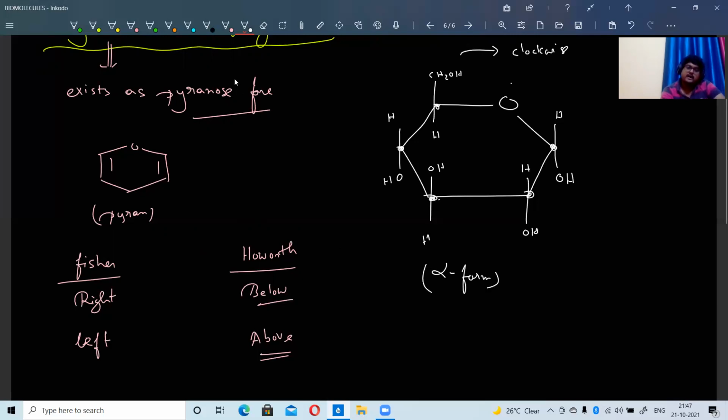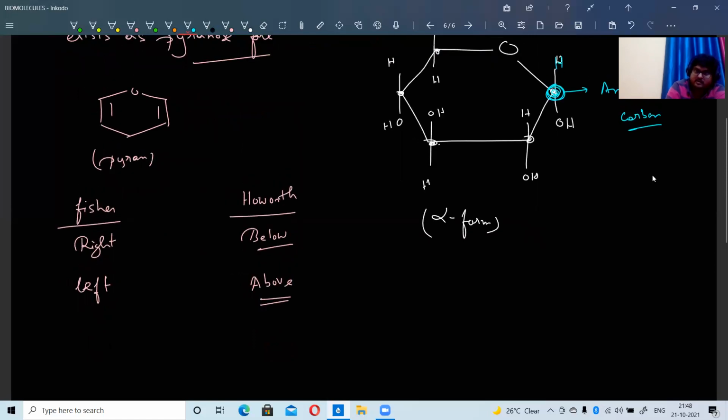Now in the beta form, at which carbon is this changing? This carbon, which is the anomeric carbon. Only at the anomeric carbon, the OH and hydrogen positions are changing. OH becomes upper, hydrogen becomes lower. So this one is the anomeric carbon. Now at the anomeric carbon, how can you draw this?